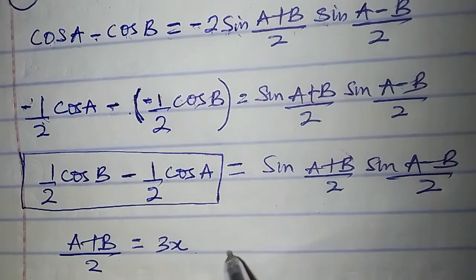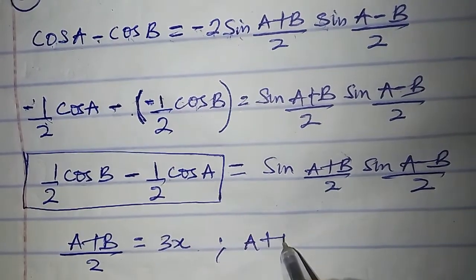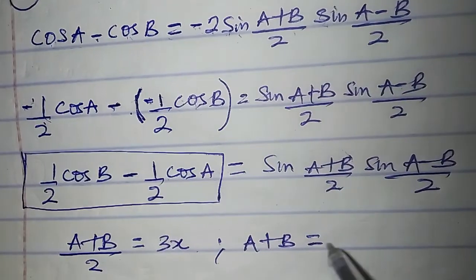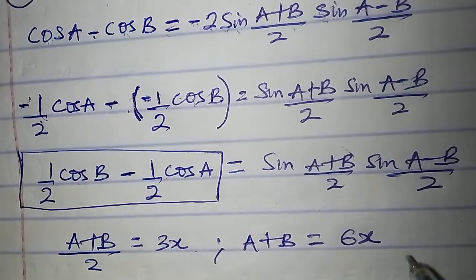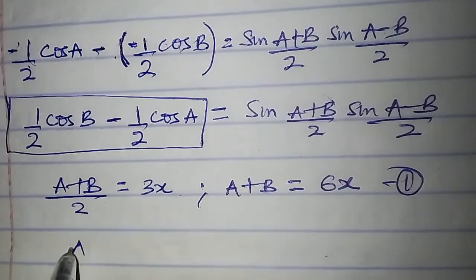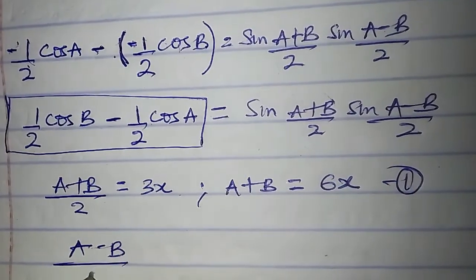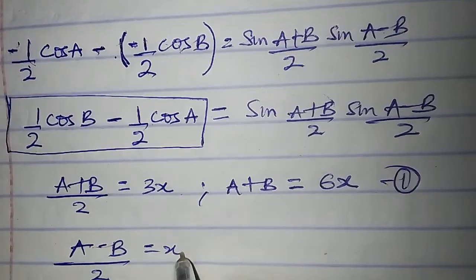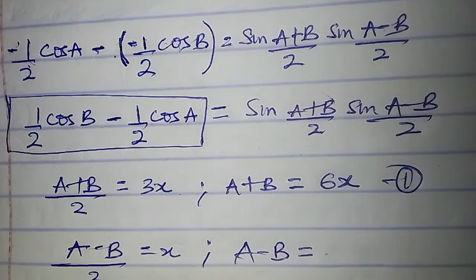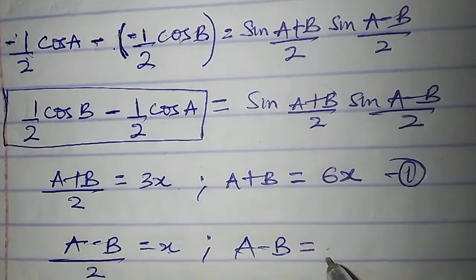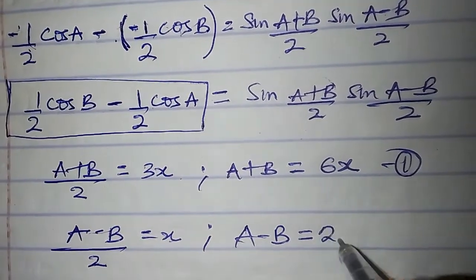From here, a plus b will be equal to 6x. That is if we cross multiply. Also, a minus b all over 2 is equal to x. Therefore, a minus b is equal to 2 times x, which is 2x.